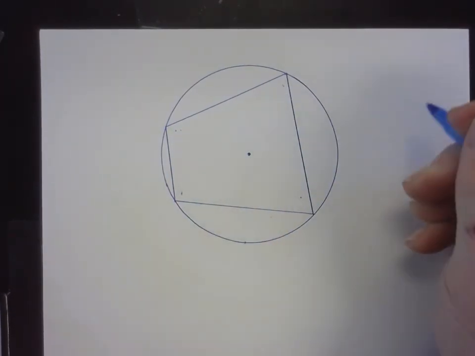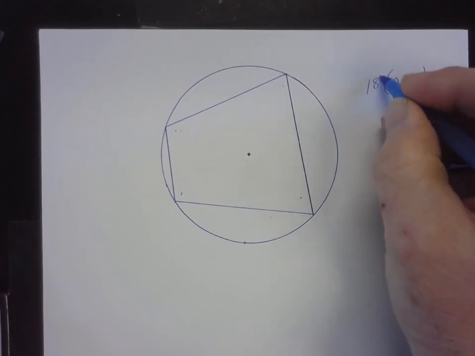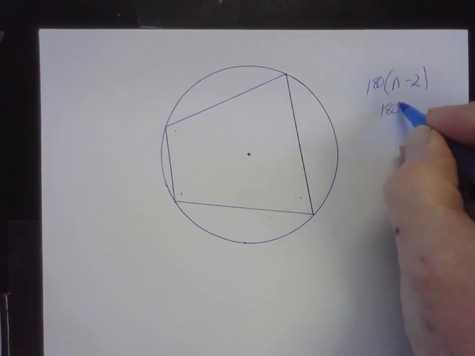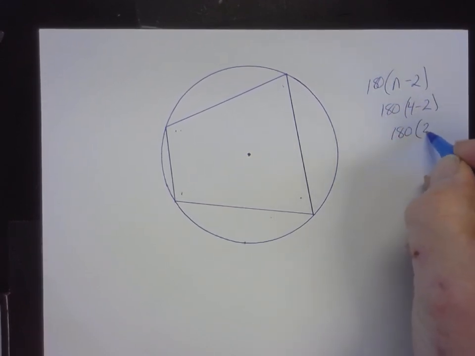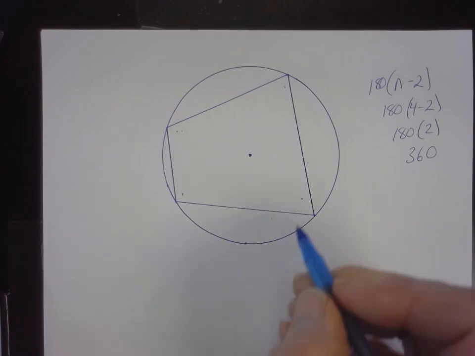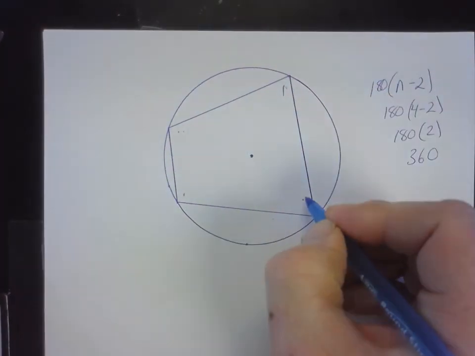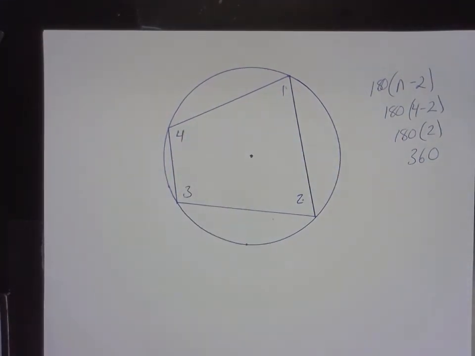The number of sides, subtract 2, times 180. So all four of these angles, angle 1, angle 2, angle 3, angle 4, they add up to 360 degrees.